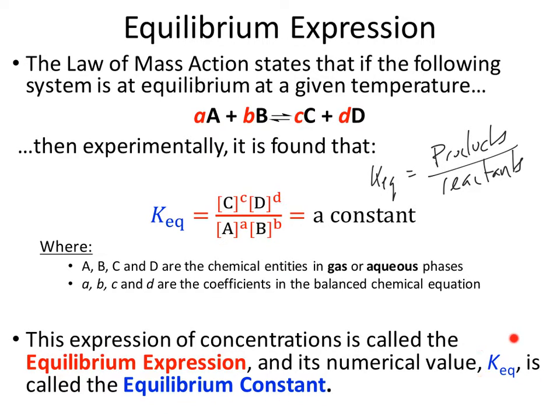Now, KEQ, we'll see later on in this lesson, is just a general expression for a whole bunch of different things. We can look at concentration, we can look at pressures, and a whole bunch of other things, so we're going to differentiate KEQ a little bit more as we go on.